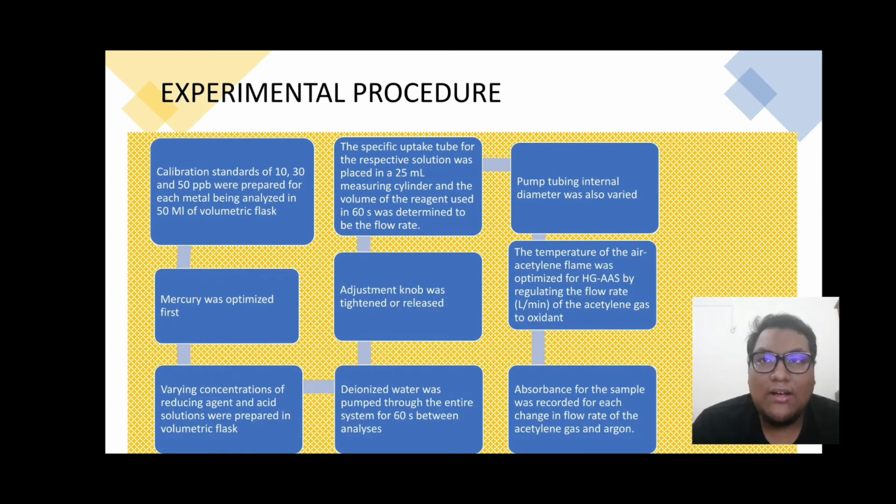Next, we have to make sure that the AAS was zeroed after each modification, and absorbance was measured for each variation in the solution. The adjustment knob was tightened or released to modify the flow rate. Next, the specific uptake tube for the respective solution, which includes reducing agent, acid and sample, was placed in a 25 ml measuring cylinder, and the volume of the reagent used in 60 seconds determined the flow rate.